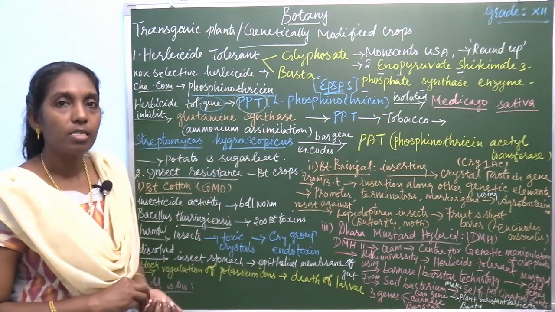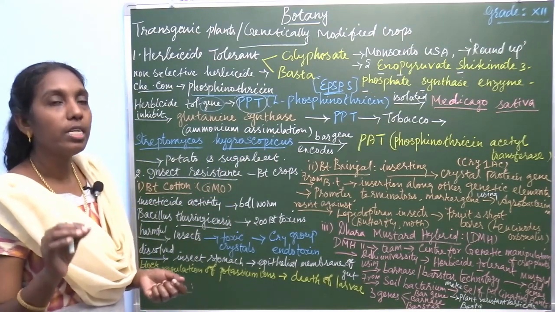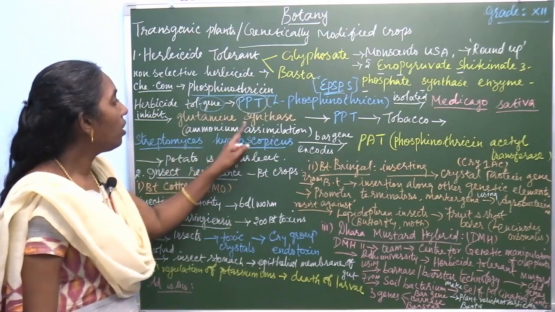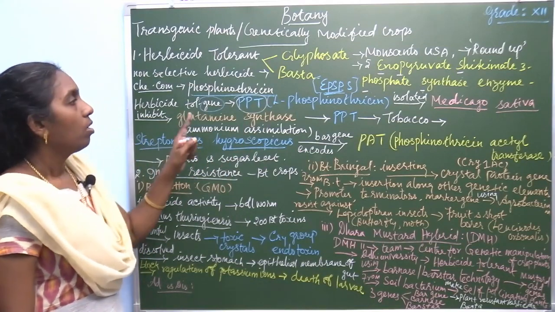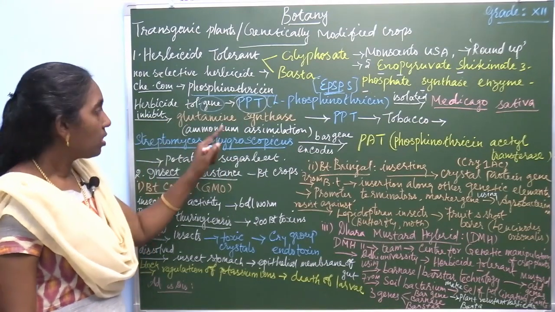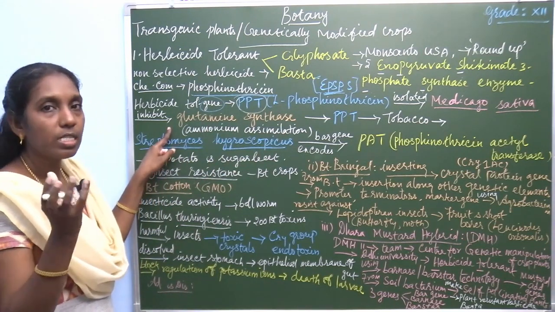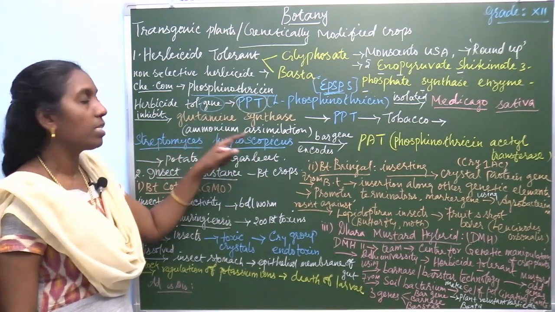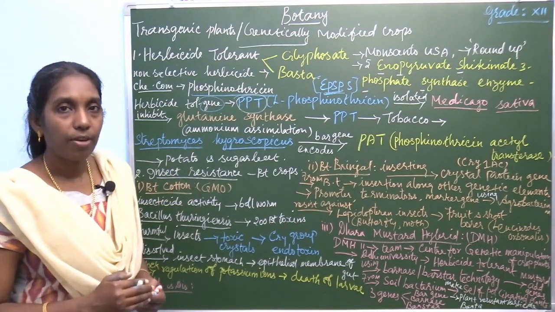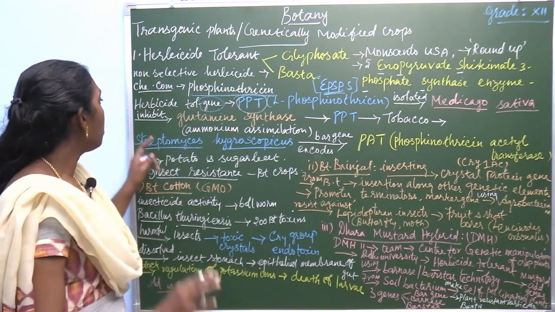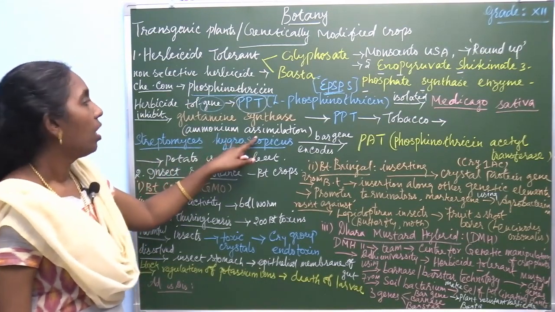There is another enzyme called glutamine synthase. The process of this enzyme is ammonium assimilation. It affects or inhibits ammonium assimilation.